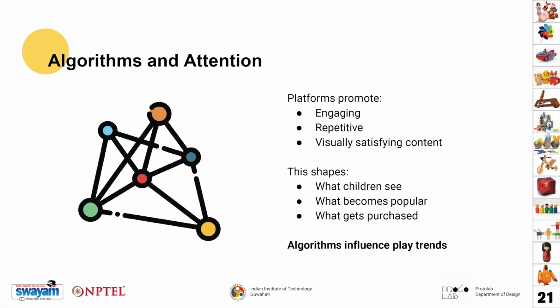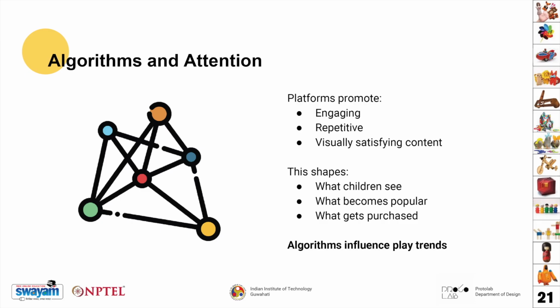Children are repeatedly exposed to certain types of content, which can influence their preferences and desires. Over time, this shapes what toys they become interested in and what trends emerge. This means that play trends are no longer driven only by design innovation or physical interaction, but also by how well a toy fits within the digital attention system.